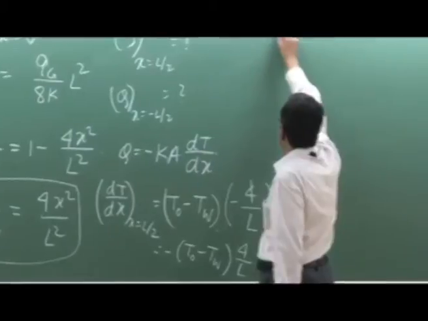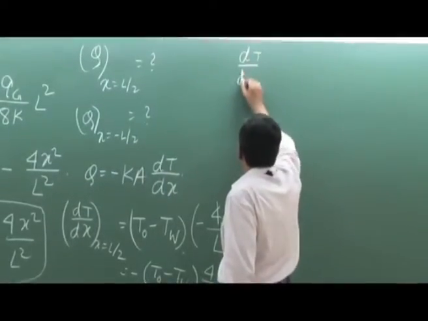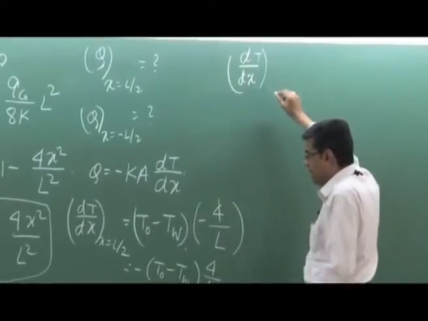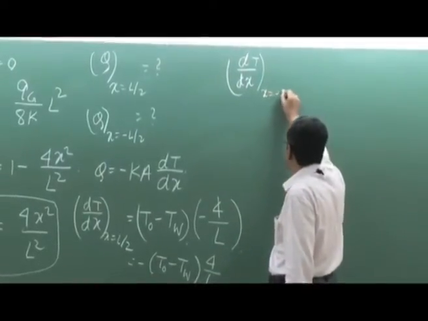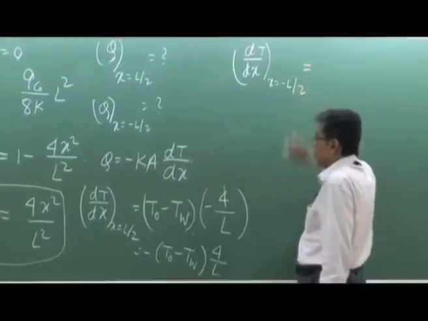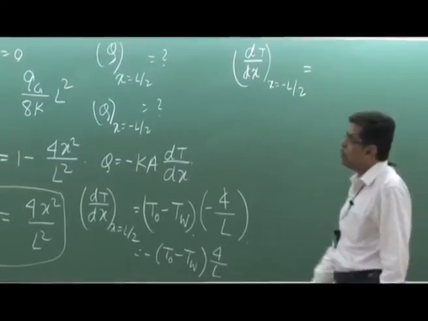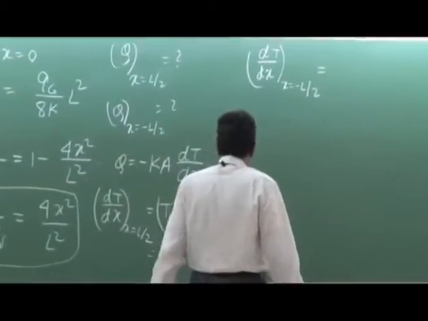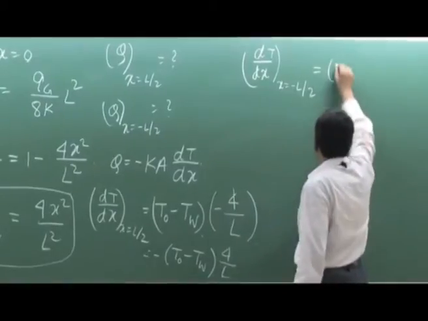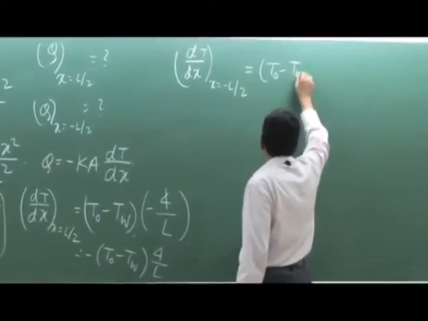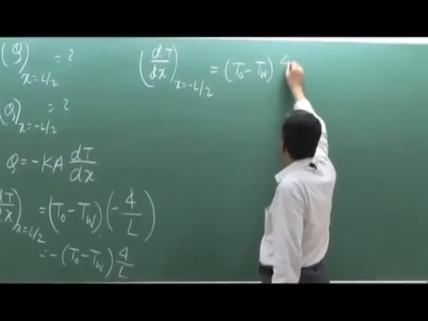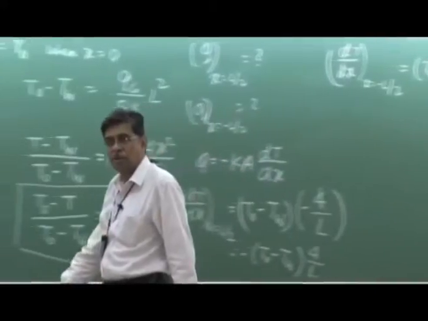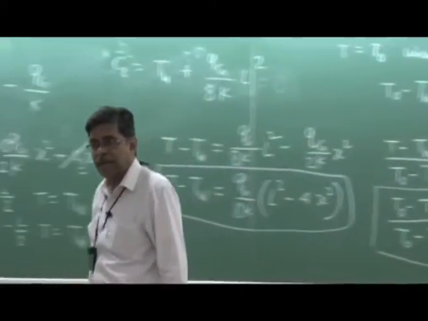Then what is dt dx at x is equal to minus L by 2? Try to find out the same thing but with a positive sign. That means T0 minus Tw into 4 by L. Okay, clear?